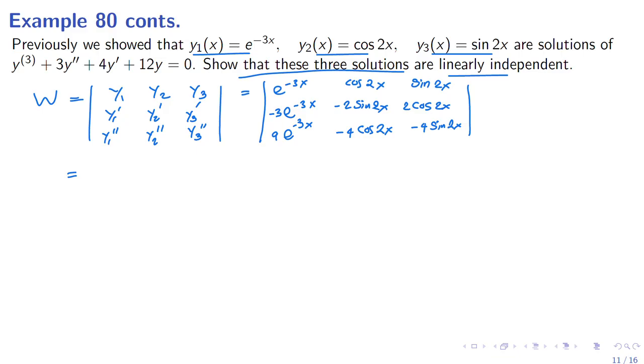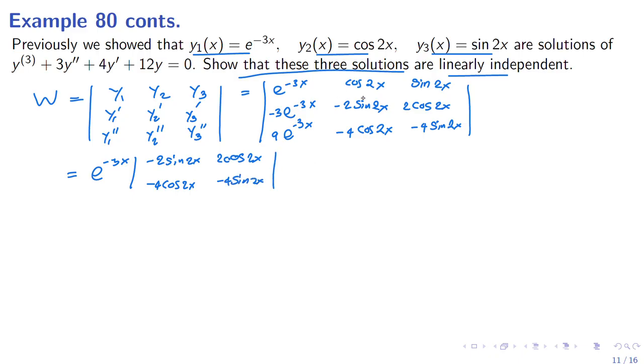We need to expand through a desired row or a column. Let me consider the first row, and I can say e to the minus 3x times the determinant of minus 2 sine 2x, 2 cosine 2x, minus 4 cosine 2x, minus 4 sine 2x.